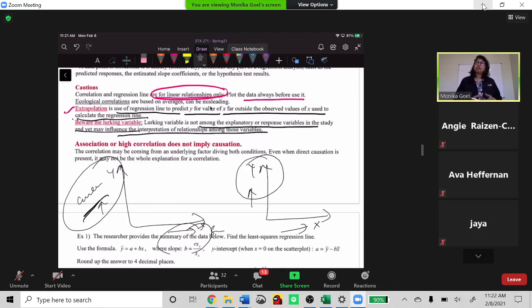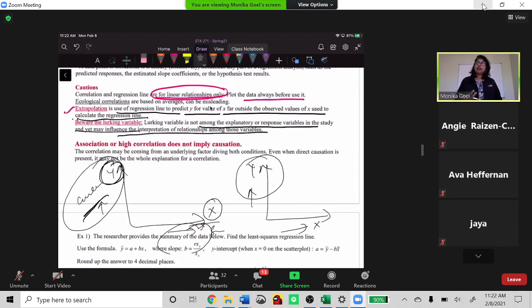So when we are talking about association or correlation, there is a correlation going on. But the value of the response variable is not necessarily because of the explanatory variable. There are some hidden variables and some mixed variables. There might be two explanatory variables, height and age, or something else.